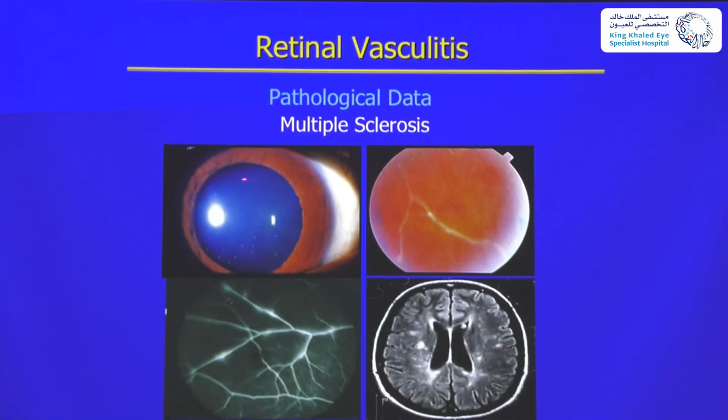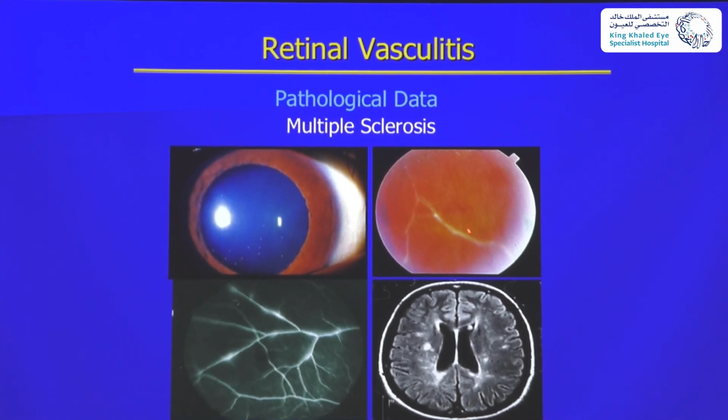As you can see here, this patient had a two-segment examination. The patient had mutton-fat keratic precipitates, and this is very common in patients with multiple sclerosis. But look at the characteristic vascular sheathing. When we see this picture, we always ask for an MRI of the brain, and in the majority of patients the MRI showed demyelinating lesions.